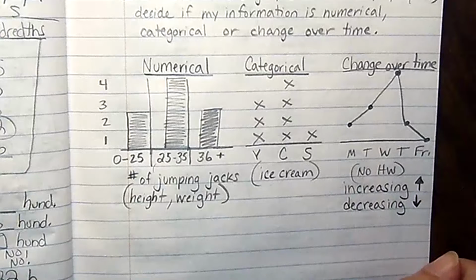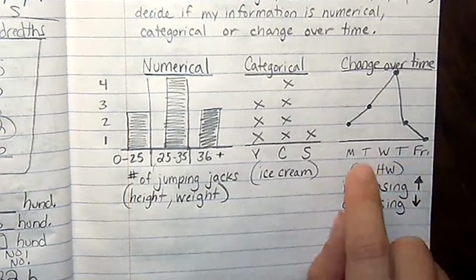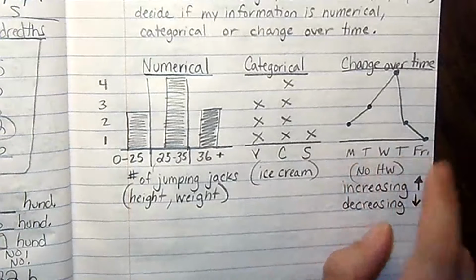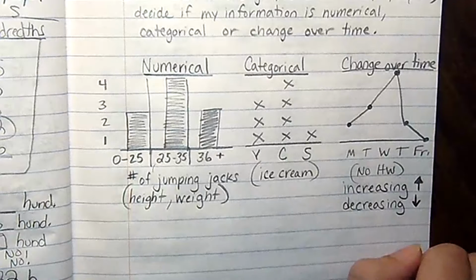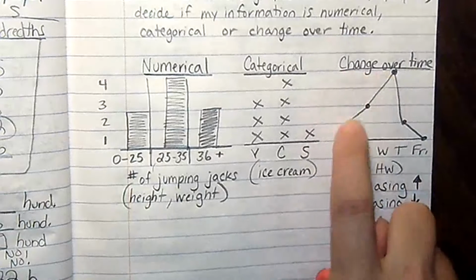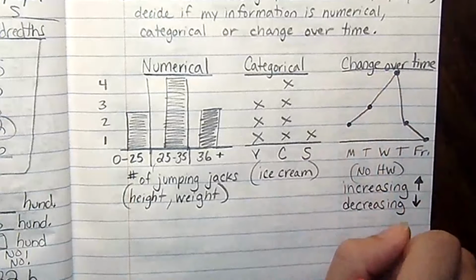I could measure the number of people that visit the zoo in 1 year. So you could imagine my graph, instead of saying the days of the week, it would say January, February, March, April, May, June. We could measure how tall you were from the time you were 3 to the time you were 8. That would show a change over time. As time went on, your height probably increased.